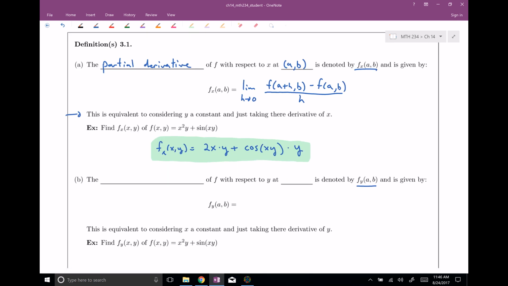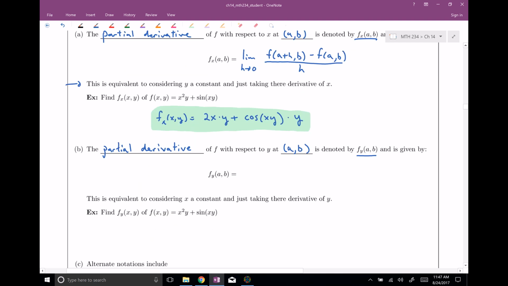All right, next up, the partial derivative of f with respect to y at a point (a, b) is again denoted f with a little subscript y, to say it's a y partial derivative at the point (a, b). That's going to be given by, again, a very technical definition.